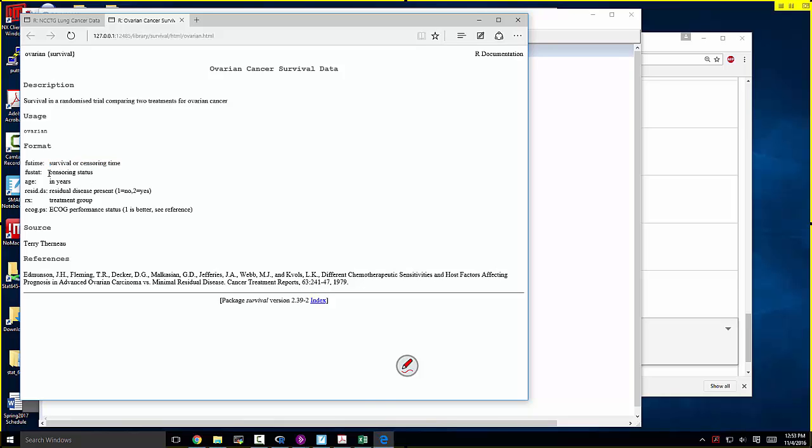Fustat is the censoring indicator. We have age. We have an indicator of whether some residual disease is present, yes or no. We have treatment group and some kind of performance status. I think this is similar to what we had on the previous data set.